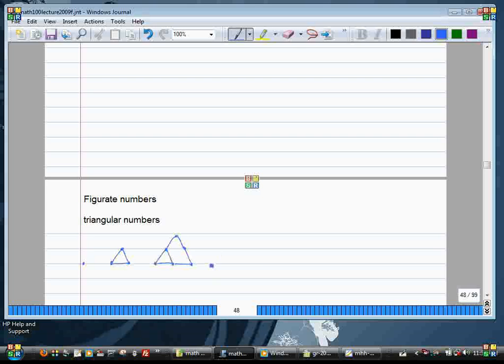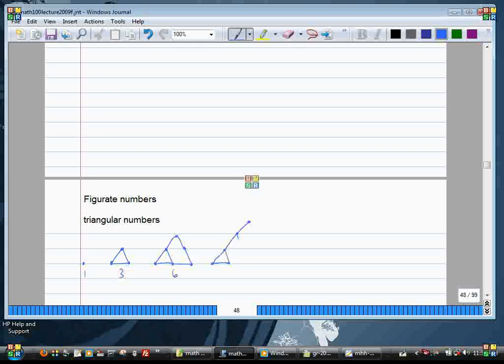So I'm going to do that again. So now, given this, how many points do we have in the first case? Just 1 point. With the next triangle, we had 3 points. How many points in the next triangle? 6 points. Okay. Next triangle, let's see what that looks like and how many points there are.